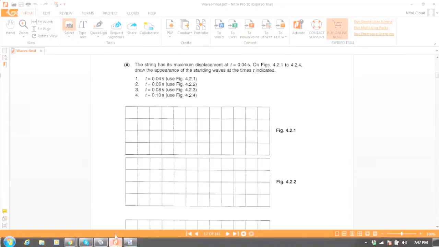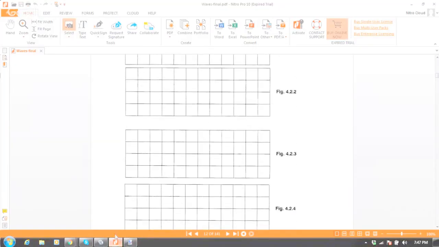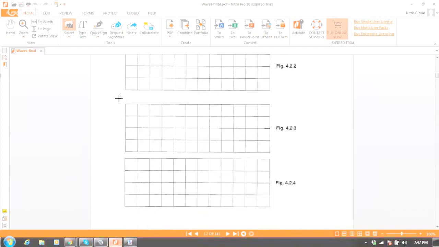Now if I pick the next two parts, this is the graph. My cursor is a bit strange.